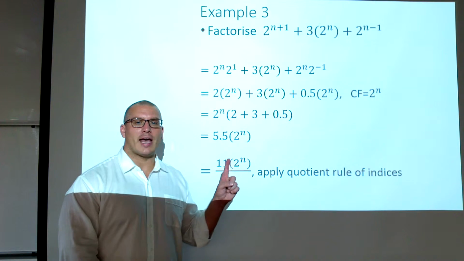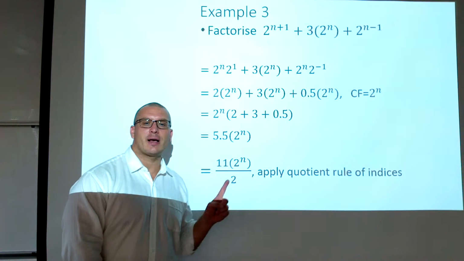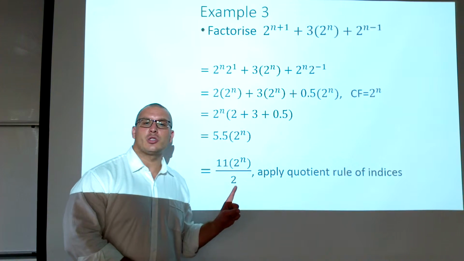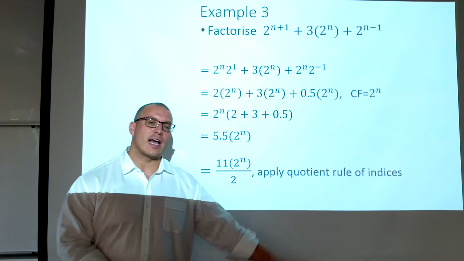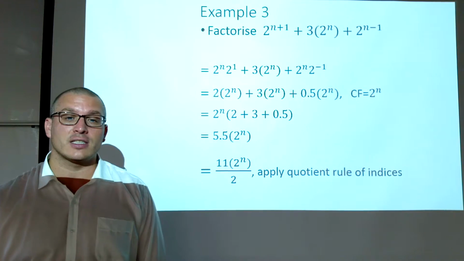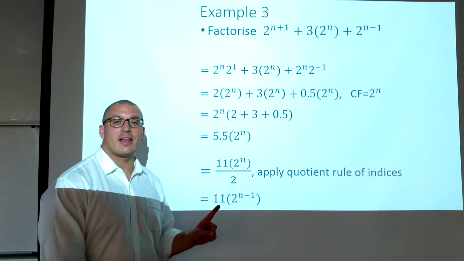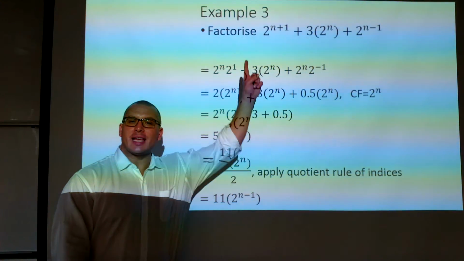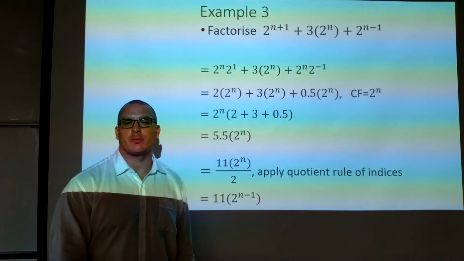But now again, what we have is this part here and this part here have the same base. This is 2 to the power of n. This is 2 to the power of 1. So using our quotient law, which we've learned in class, this can be rewritten as 11 times 2 to the power of n minus 1. Again, equal to what we have here at the beginning.